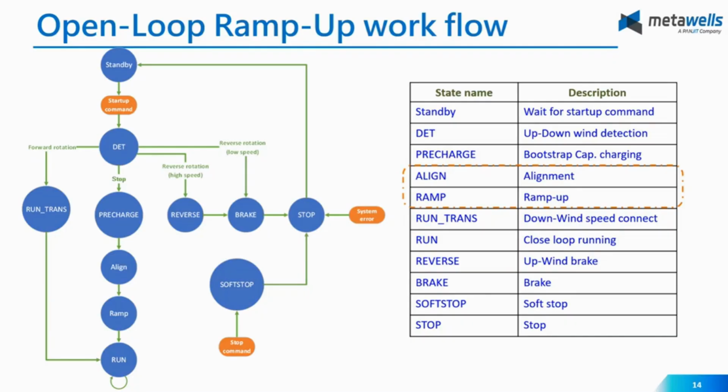Conceptually, it needs to be stopped first before restarting in the correct direction. And two braking modes are available. First is reverse function and brake function, which will be explained later.